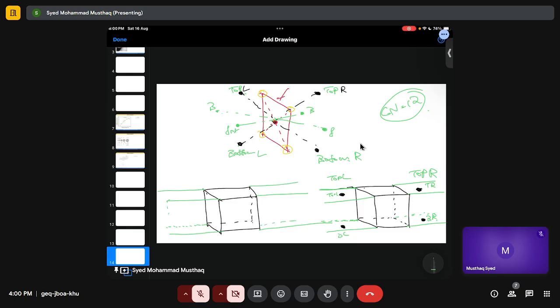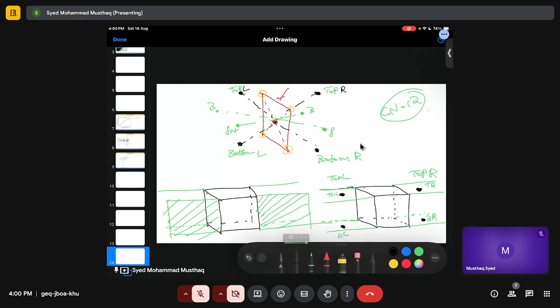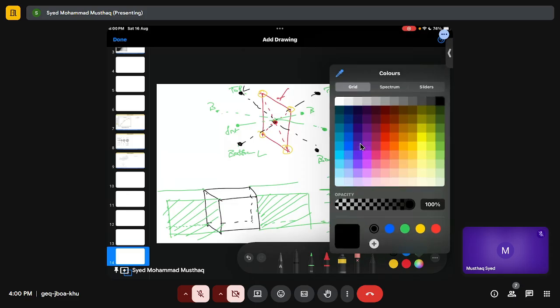See, I will draw this. These are the front one. Okay. Now the back one should look like this. Let's take another color. Okay, so this orange.